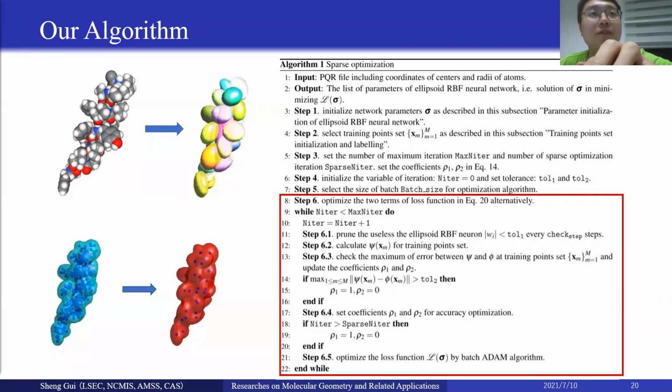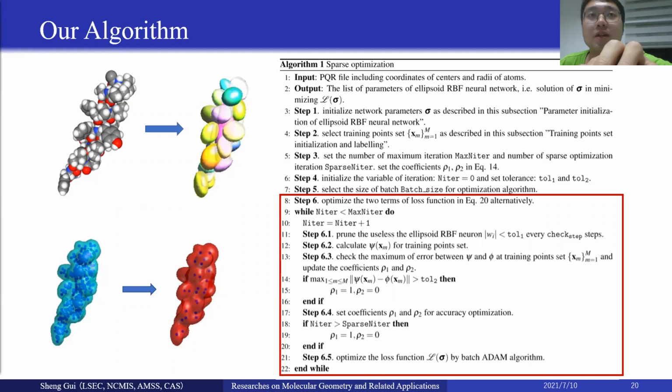We aimed at finding a sparse weight vector and a sparse decay rate vector of the psi, such that the ellipsoid RBF neural network psi is a good fit of phi at the training point set. Algorithm 1 represents the main modules of our sparse optimization method, which is described below.